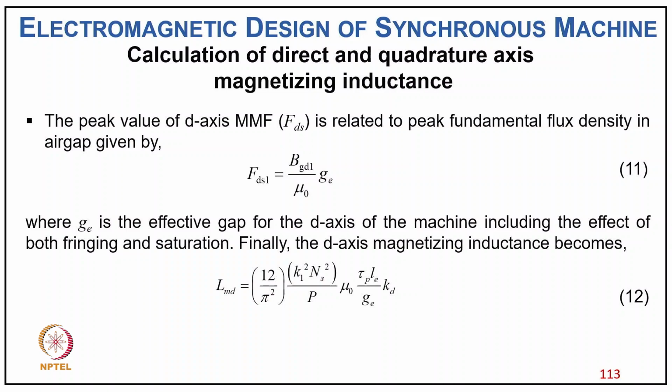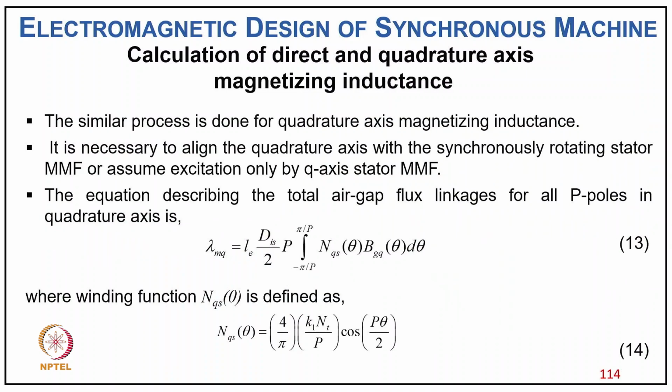Finally, the d axis magnetizing inductance becomes Lmd equal to 12/π² × K1² Ns²/P × μ0 τp L/g × Kd.